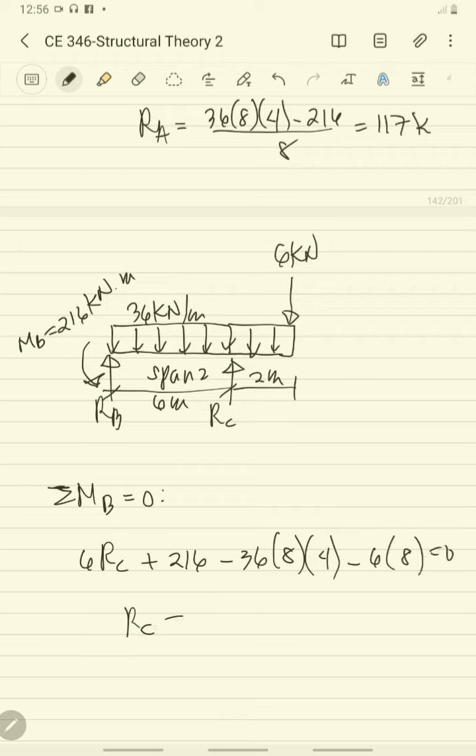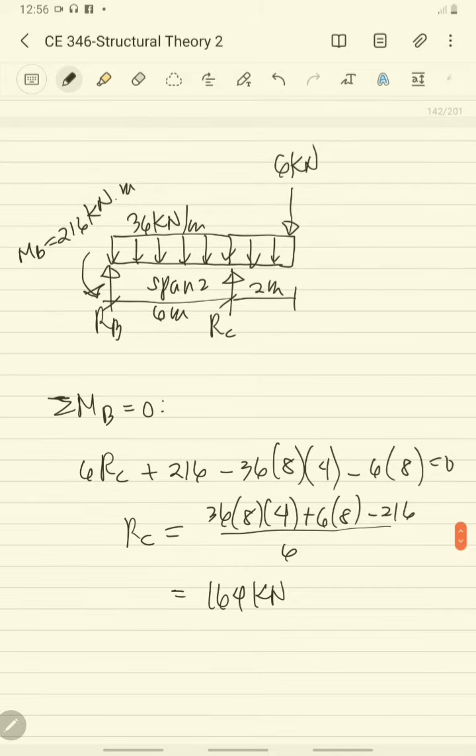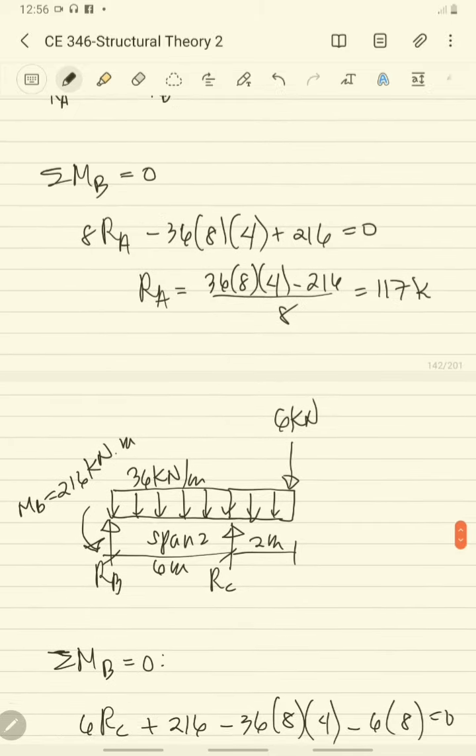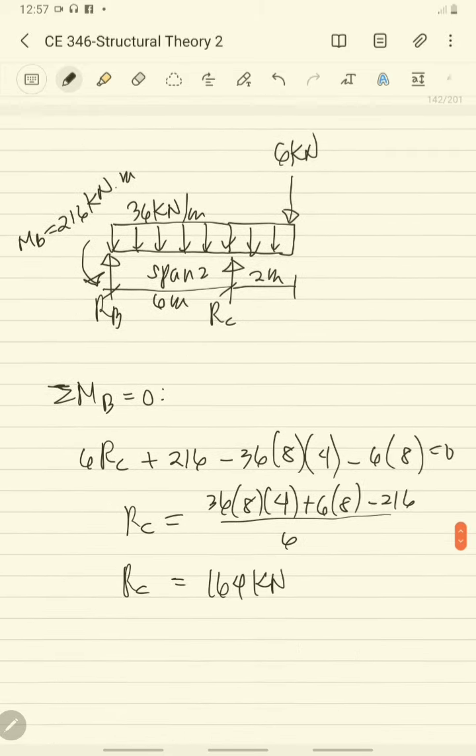So your reaction of C, you have 36 times 8 times 4 plus 6 times 8 minus 216, all divided by 6. So the answer is 164 kilonewton. So this is your reaction of support C.